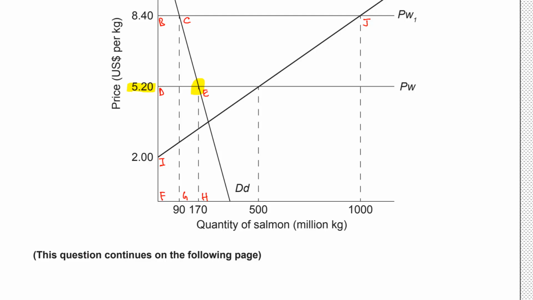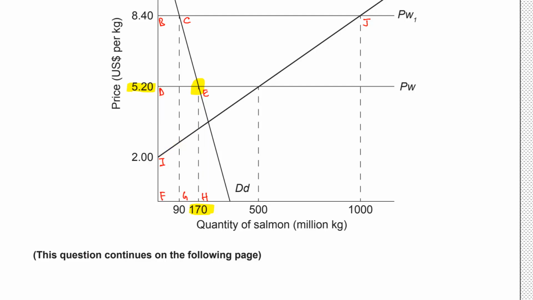So the price is $5.20, and Chileans would be consuming 170 million kilograms of salmon. So the total spending would be essentially this rectangle over here. That represents the total amount of spending, which is the area D, E, F, and H.